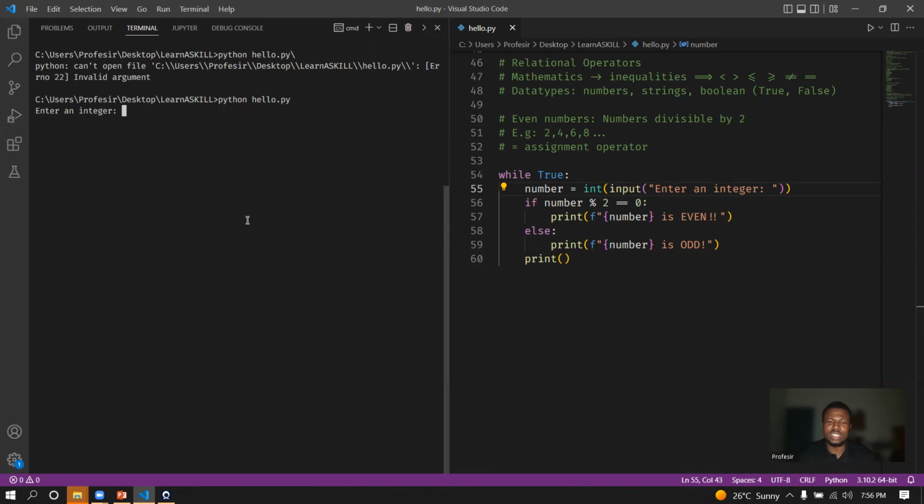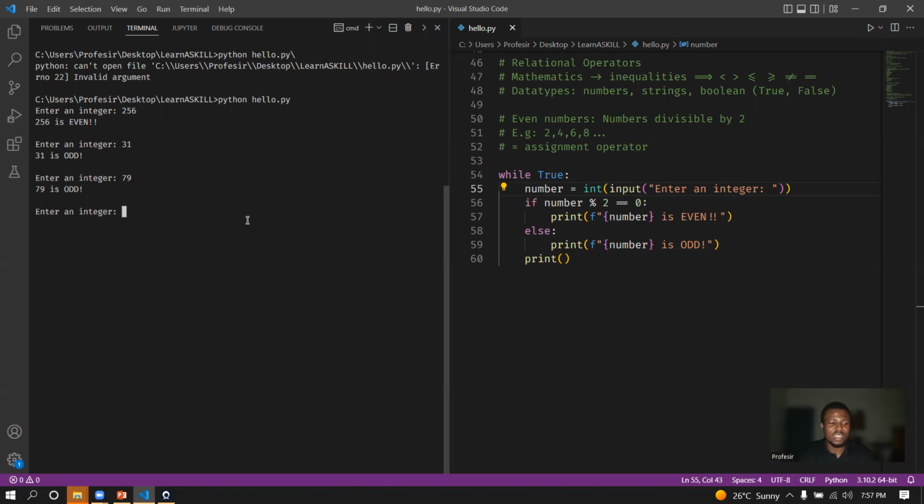Okay, Jacob, give me an integer. Any integer. 256. So 256 is even, right? Ebenezer, give me a number, any integer. Okay, 31, and you know 31 is odd, right? Okay, Hills, any number? 79.